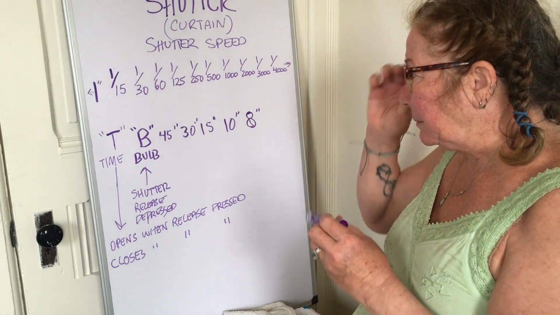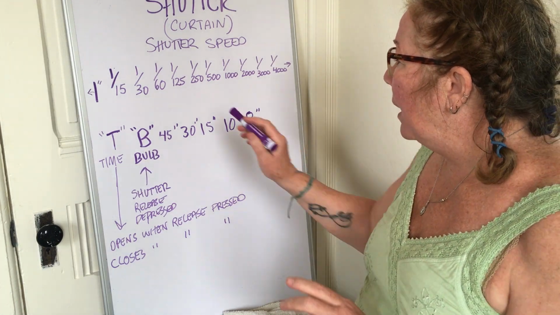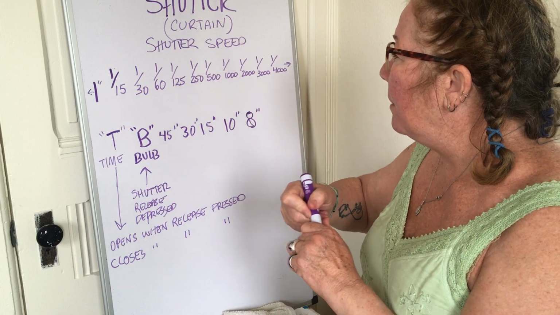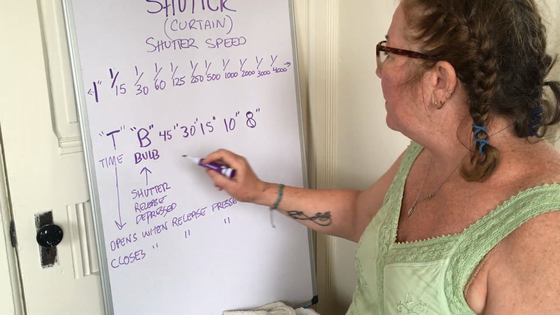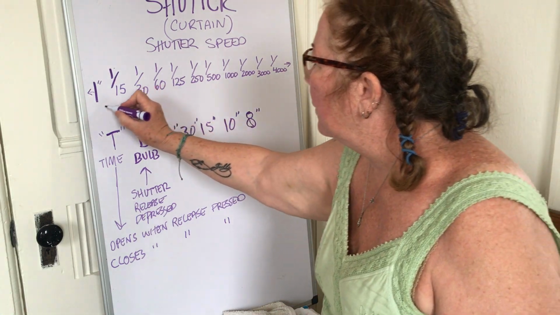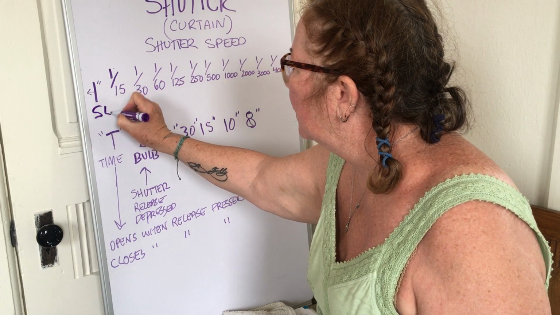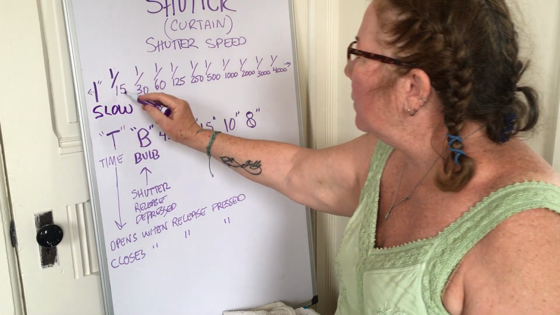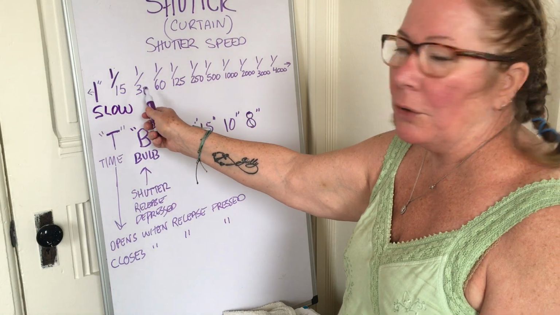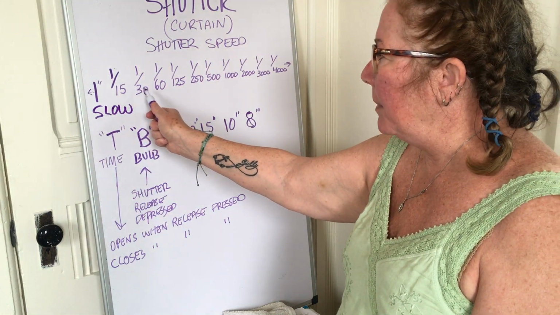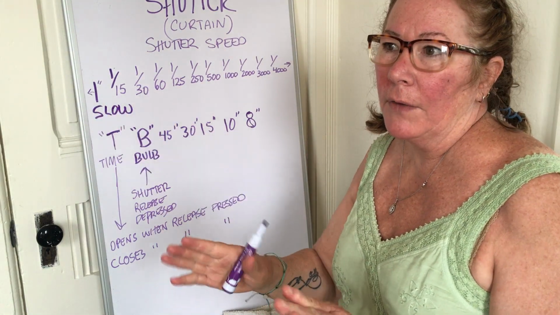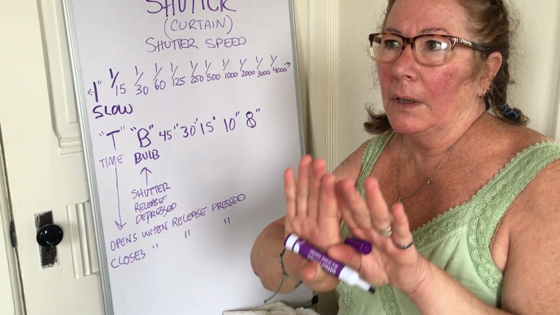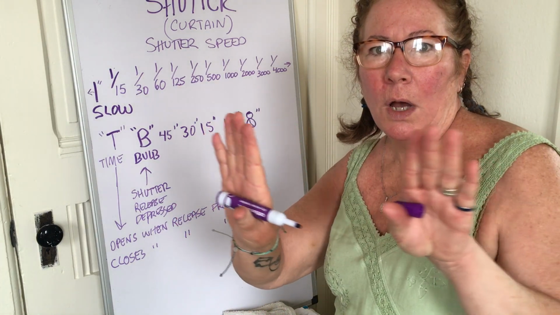So, like I said, all these numbers represent how fast the shutter opens. So this would be considered a very slow shutter over here, right? Once you get below 1/30th of a second, it's slow. Because think about it, if you have a 1001, right?